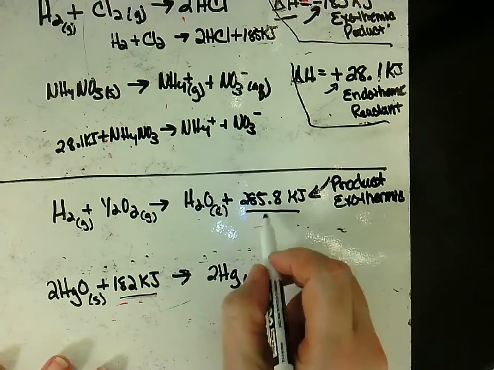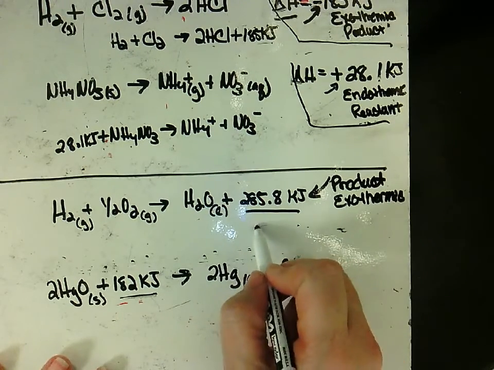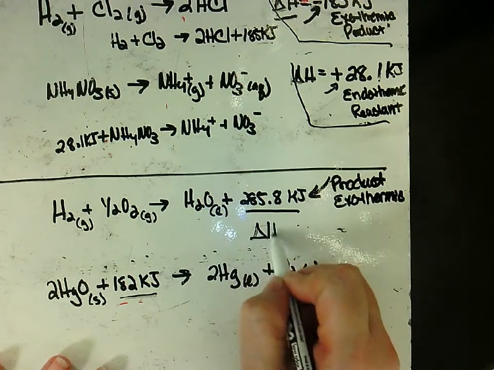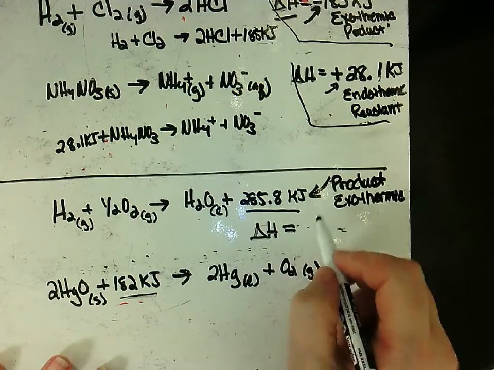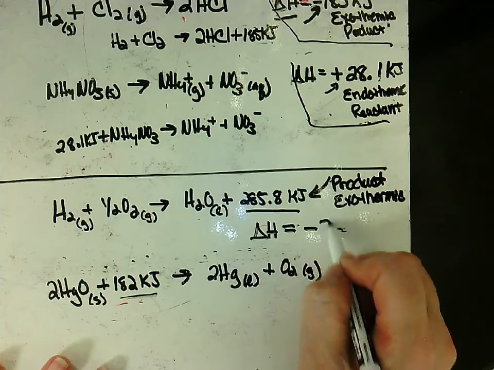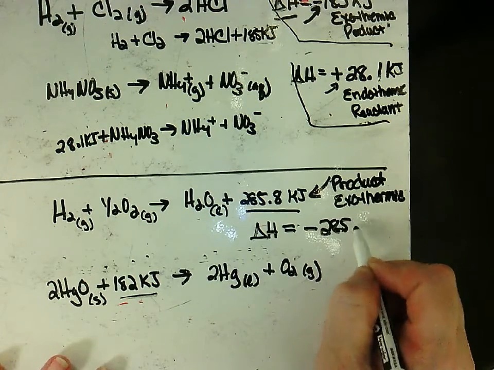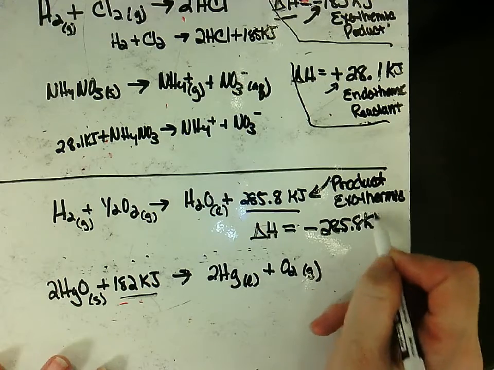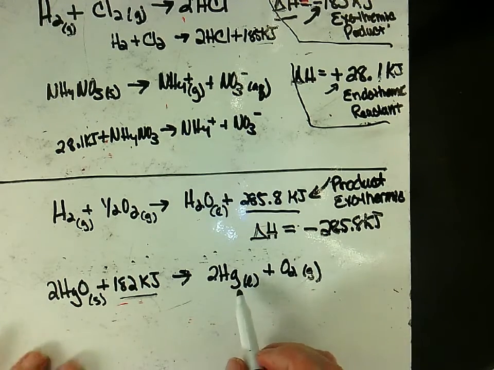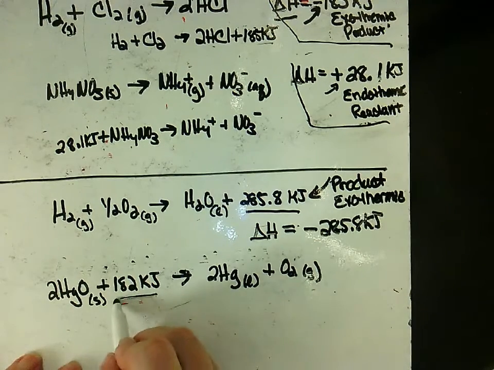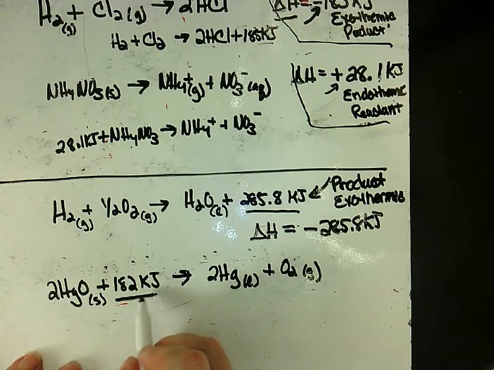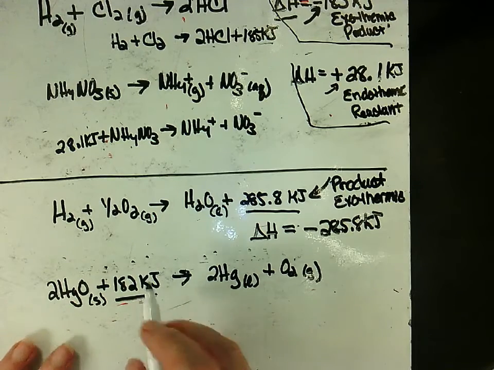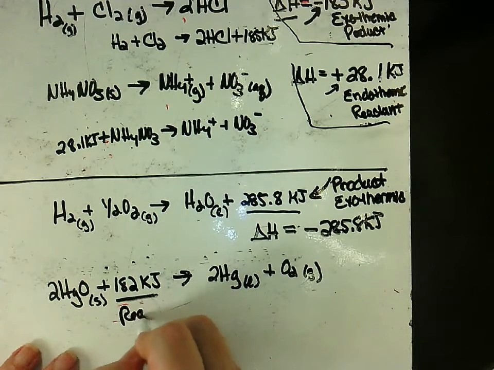If I want to take this heat value and put it outside the equation, I write delta H for enthalpy equals, and because it's exothermic, it's a negative 285.8 kilojoules.